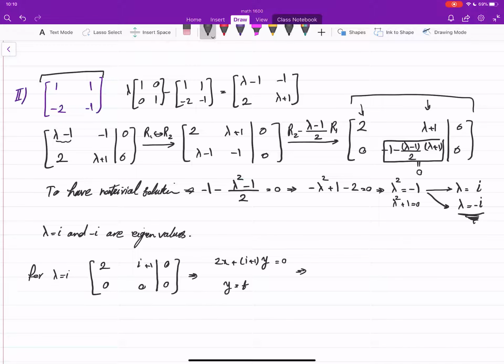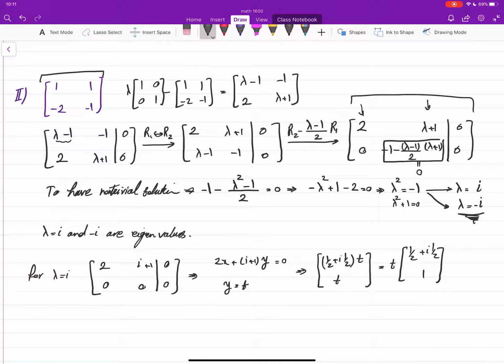From there, we have (1/2 plus i/2, 1) times t, and t will be the solution for t non-zero. This is (half plus i over 2, 1).